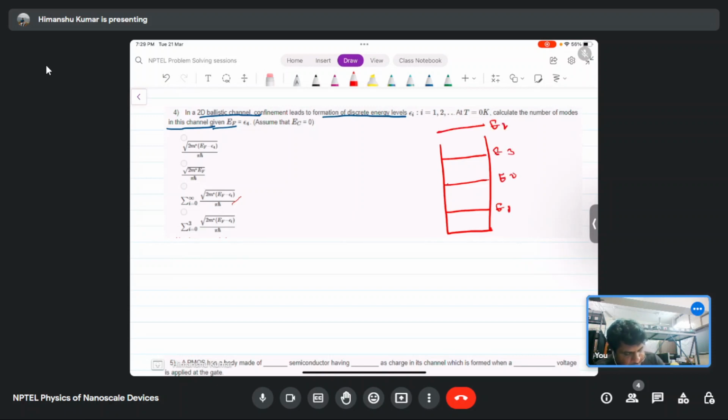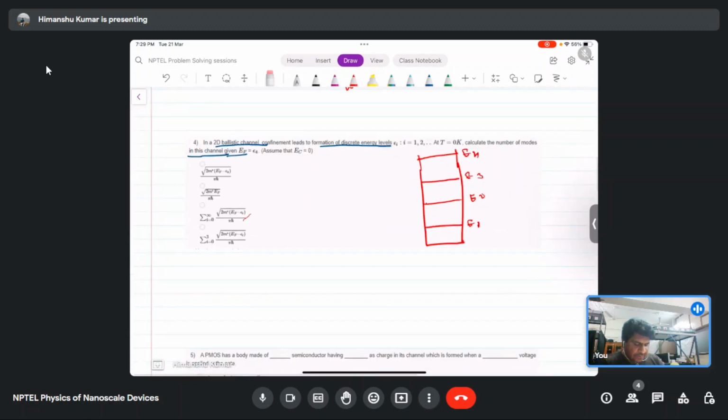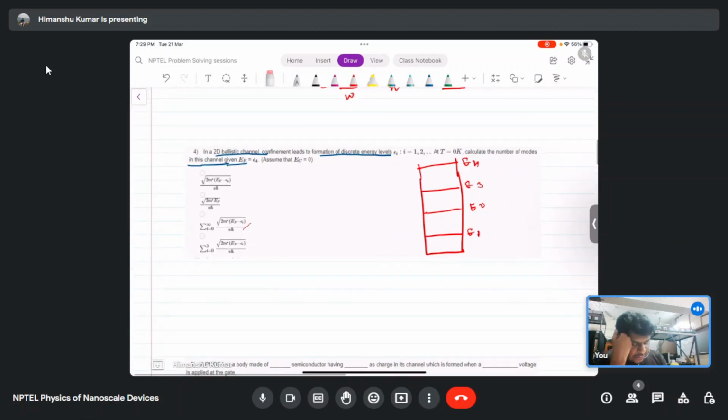The Fermi level is given at E4, and then you need to sum up over the energy levels.